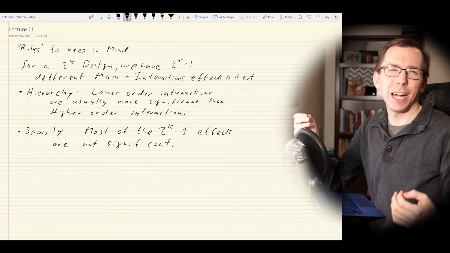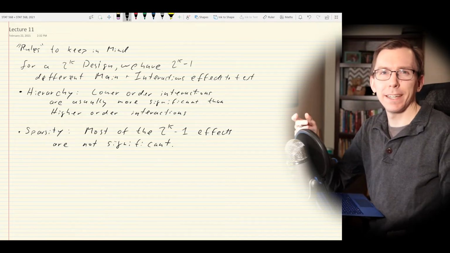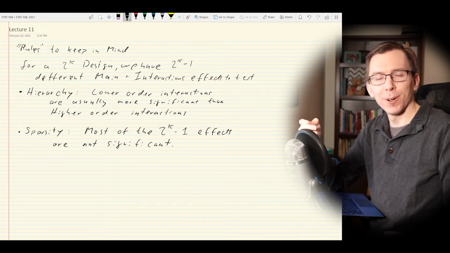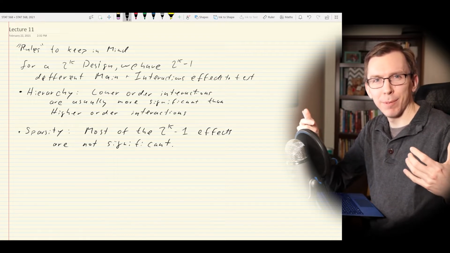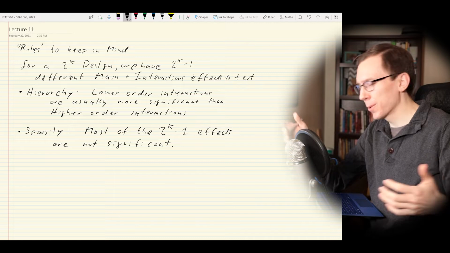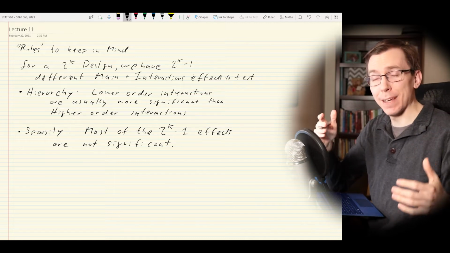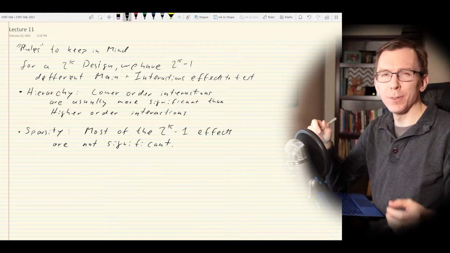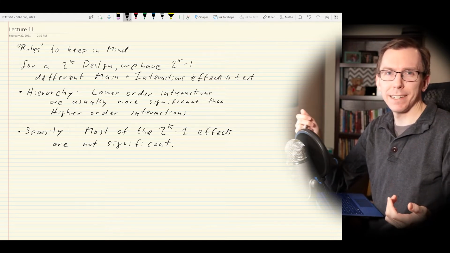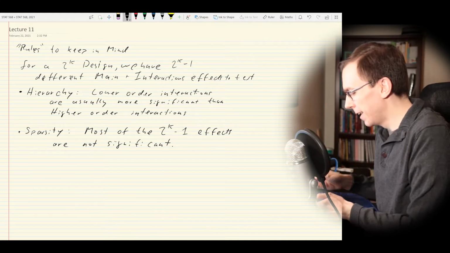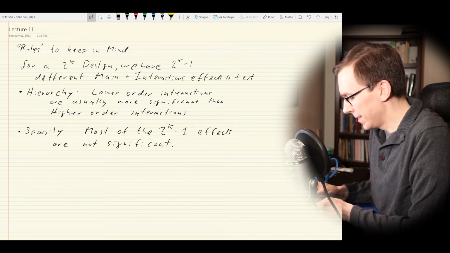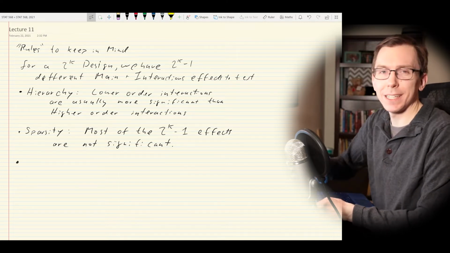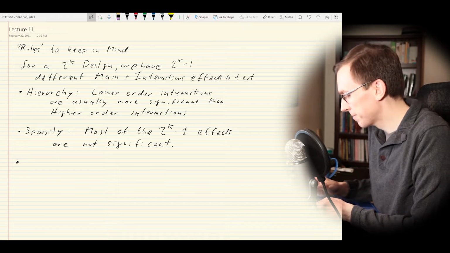In practice, you probably won't see a lot of them being significant. There will just be a few. So it's more like the needle in the haystack problem. I have 2 to the k minus 1 different things I'm estimating, and I need to find out which ones are significant. There's probably only a couple that will be significant. Again, not a law of the universe, but something that we generally see in practice when working with data.